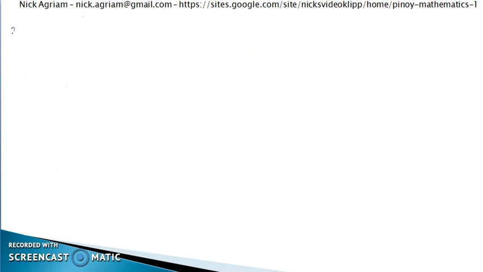Let's take a look at another example. We have 49g squared minus 84g plus 36. Are these perfect squares? Yes. 49 is 7 times 7, so we have 7g. 36 is 6 times 6.